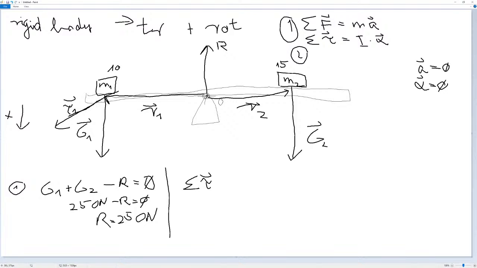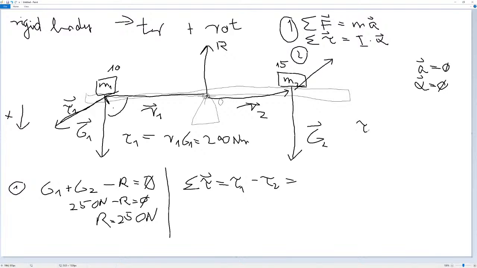Let's choose this as the positive direction, so we have tau 1 with positive sign, and if it goes backwards, this is minus tau 2. Since this is 90 degrees, the nominal value of torque 1 is nothing else than R1 times G1. So if it's 2 meter, if it's 10 kilogram, the weight is 100, this is 200 Newton meter.